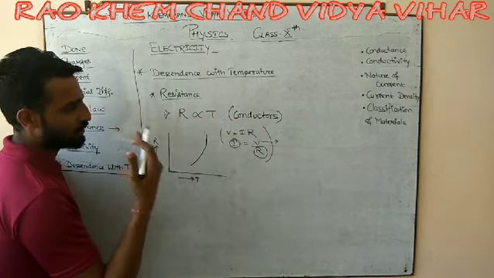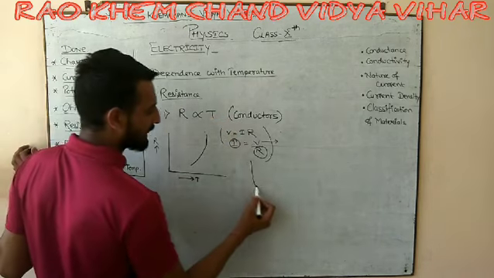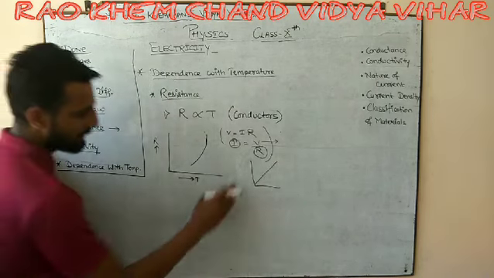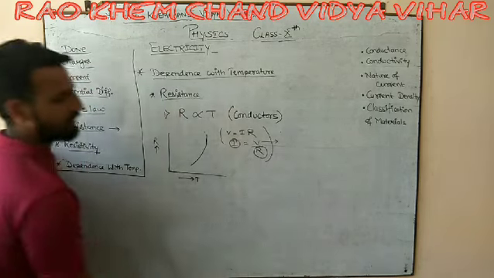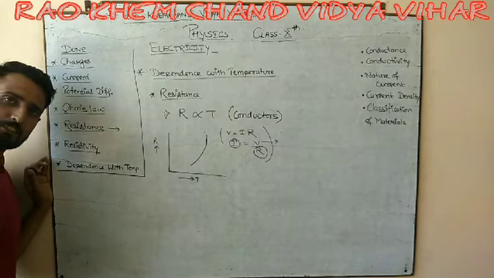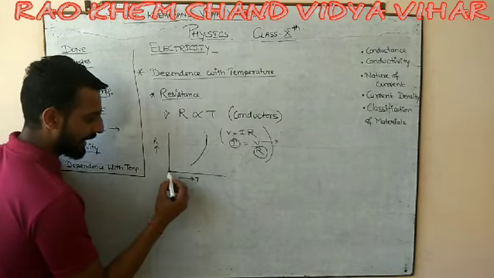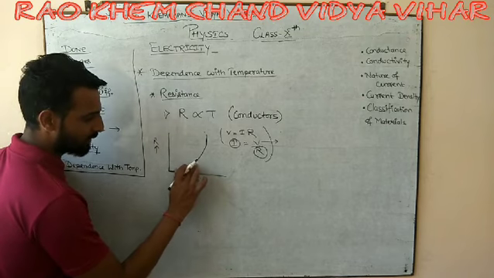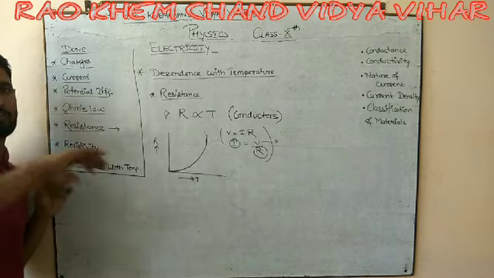I know most of you are familiar that whenever two things are directly proportional, the graph is plotted in a straight manner. But for resistance and temperature, it never happens like this. The curve in practice was found to be a curved line.